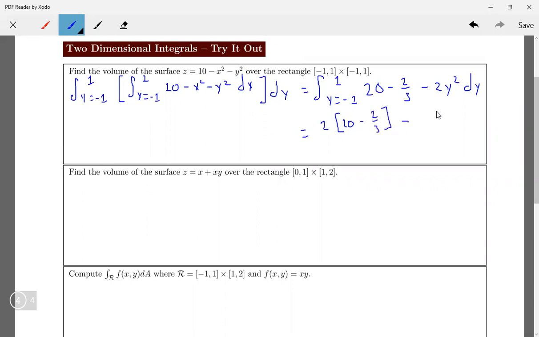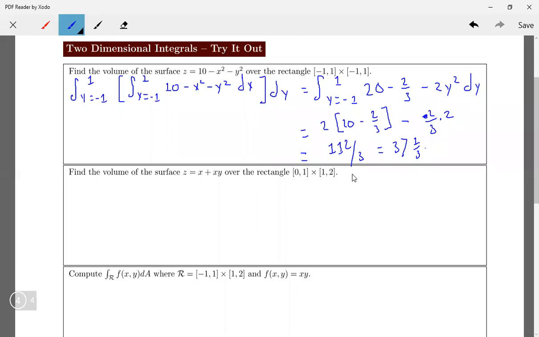The integral of 2y squared from -1 to 1 is 2/3 times 2. And this is equal to 112 divided by 3. Or another way to think about this is 37 1/3.